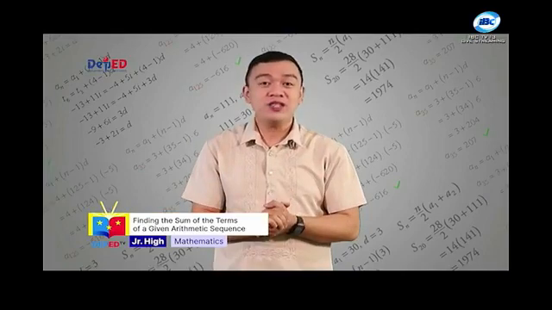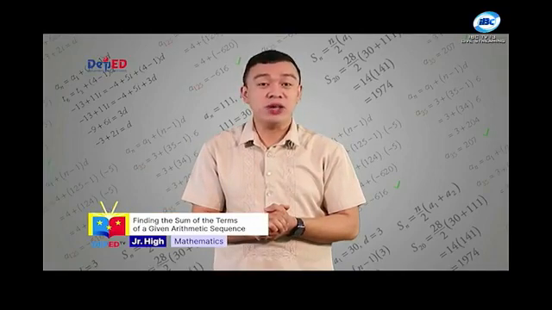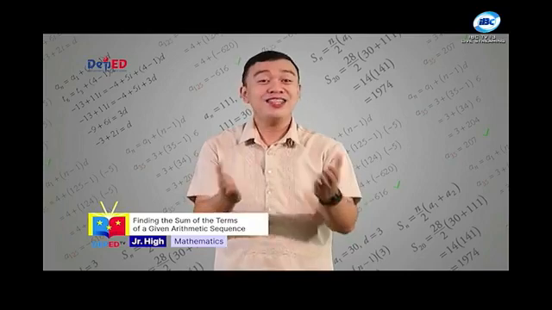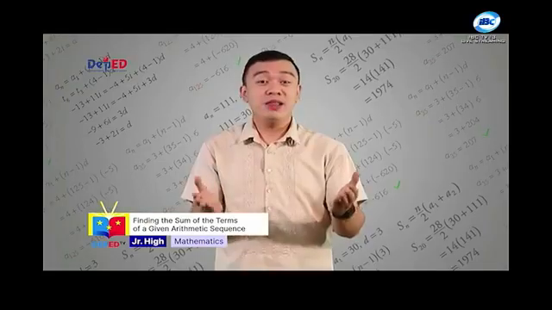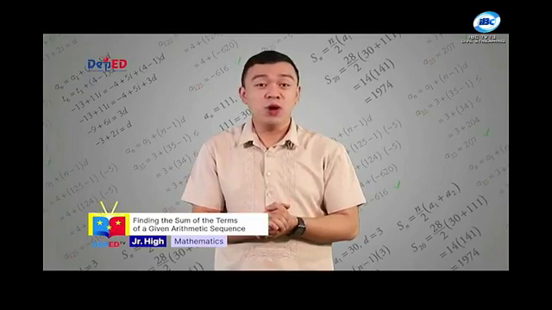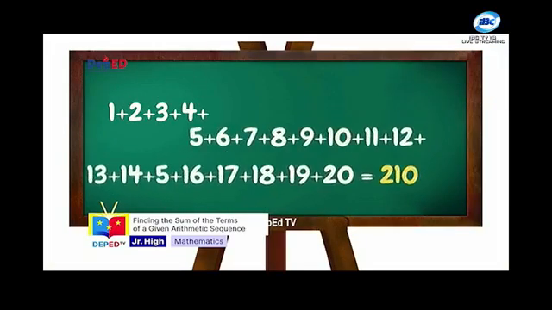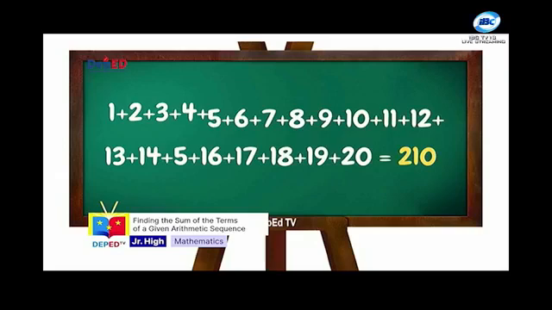To let you experience getting the sum of the terms in a sequence manually, let's do the following. Number 1, find the sum of the first 20 natural numbers. By listing all the natural numbers from 1 to 20 and adding them, we have 1 plus 2 plus 3 plus 4 up to 20 that is equal to 210. Thus, the sum of the first 20 natural numbers is 210.